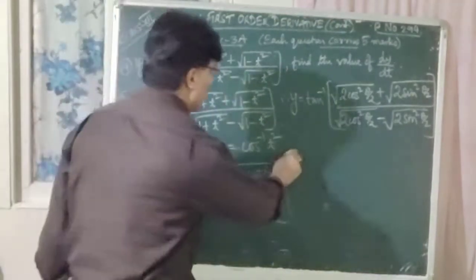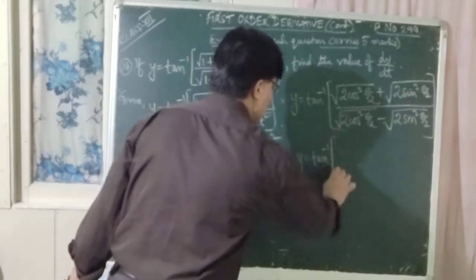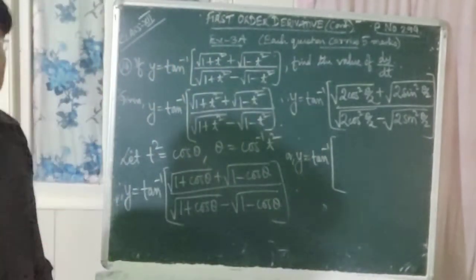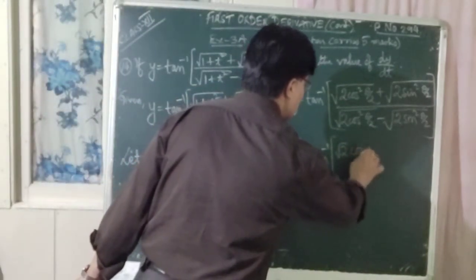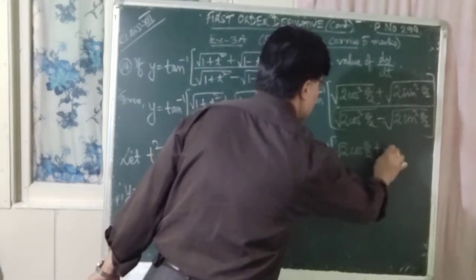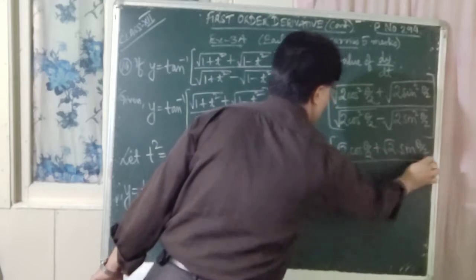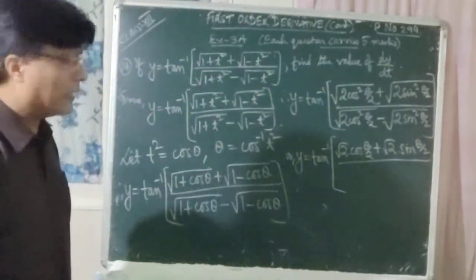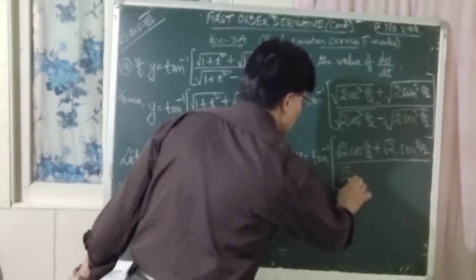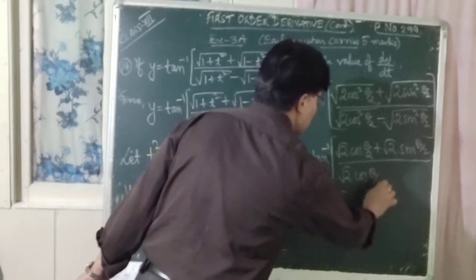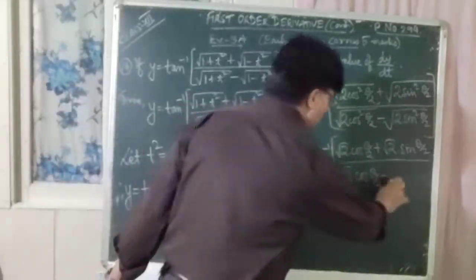So y is equal to tan inverse of (root 2 into cos theta by 2 plus root 2 into sin theta by 2) divided by (root 2 into cos theta by 2 minus root 2 into sin theta by 2).